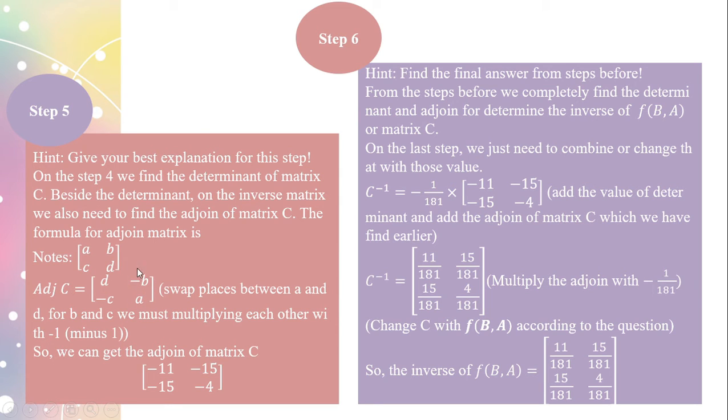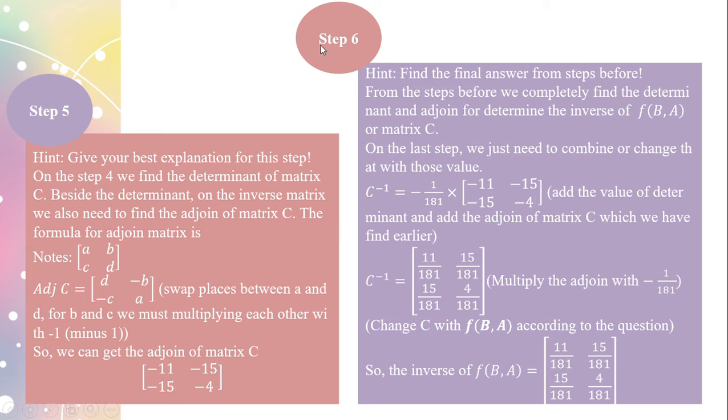And for these diagonals B and C, we must multiply each by minus 1. So we get minus B and minus C. So we can get the adjoint of matrix C is minus 11, minus 15, minus 15, and minus 4.